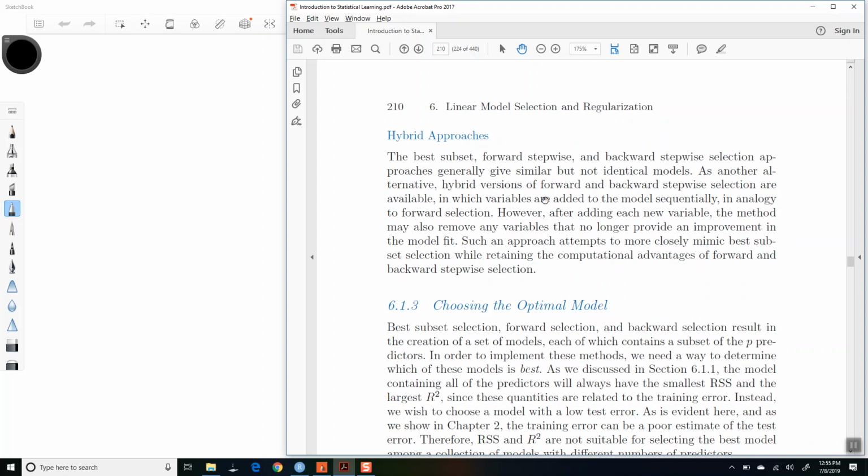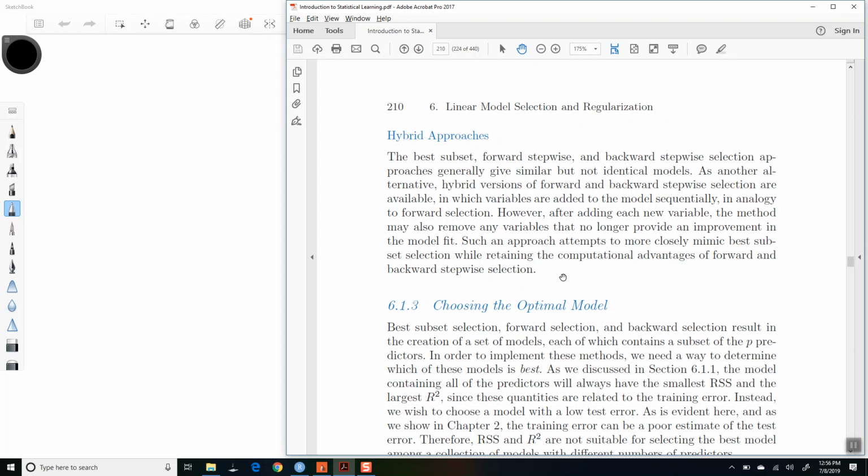Another alternative in which variables are added to the model sequentially. However, after adding each new variable, the model may also remove any variables that no longer provide an improvement. Such an approach attempts to more closely mimic best subset selection.